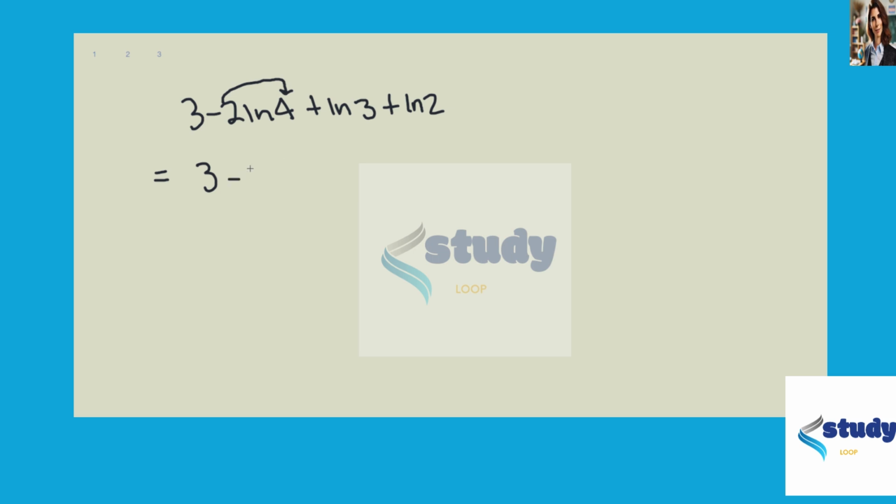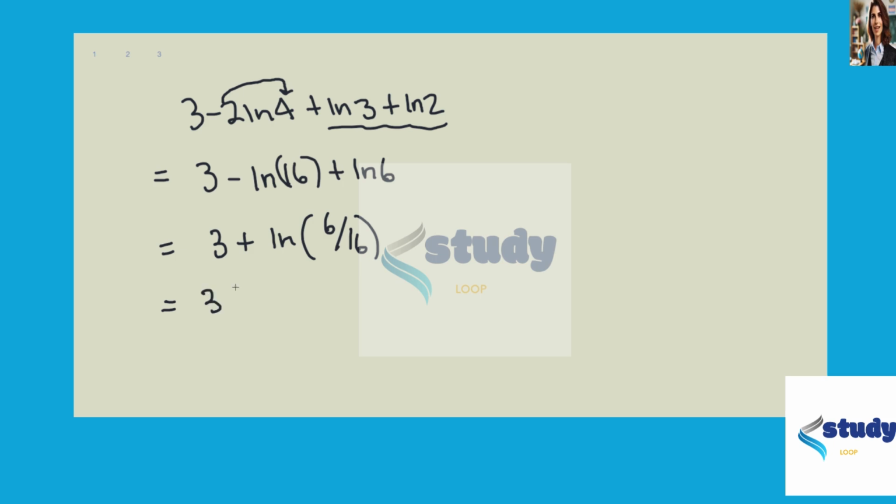So we'd have minus ln of 4 squared, which is 16, plus ln of 2 times 3. And then we can use one of our log properties. We have a log minus a log, so we can write that as log of a fraction. And then finally, just simplify that fraction and we're finished. So here, divide by 2, top and bottom. And that's our final answer.